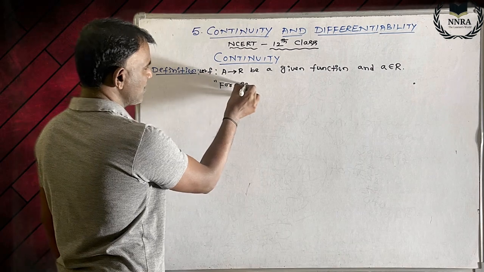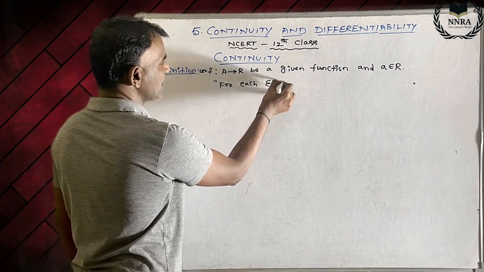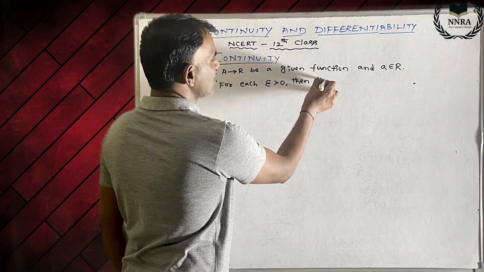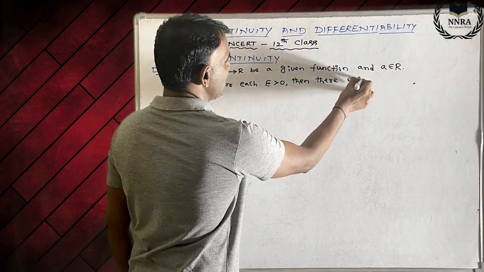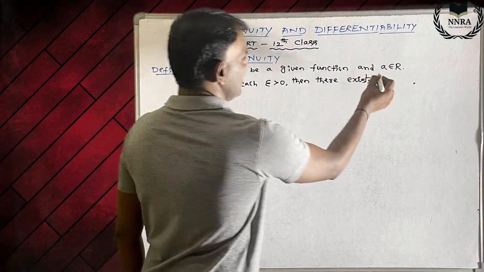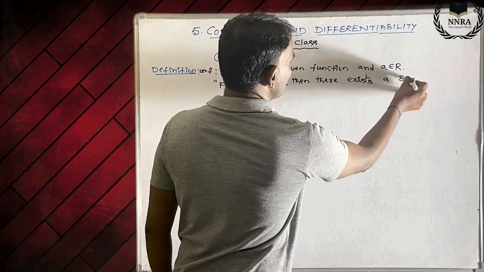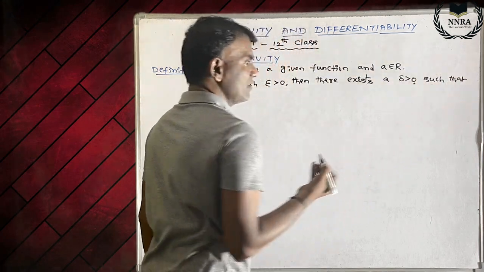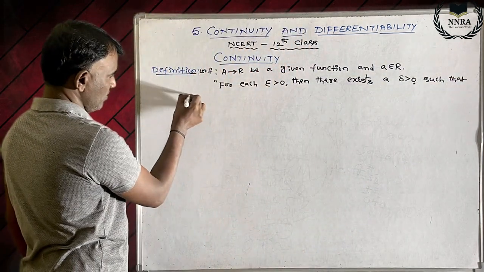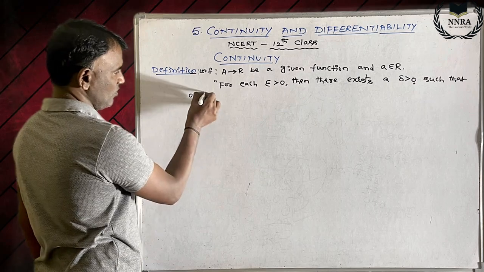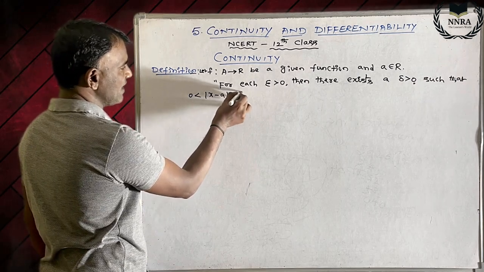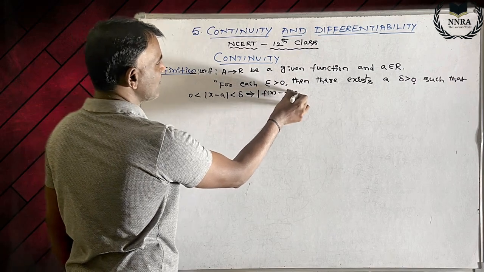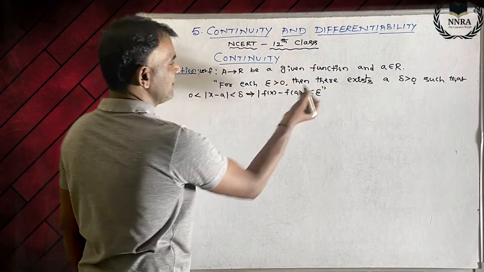for each epsilon greater than 0, then there exists a delta greater than 0 such that 0 less than mod of x minus a less than delta implies that mod of f of x minus f of a less than epsilon.